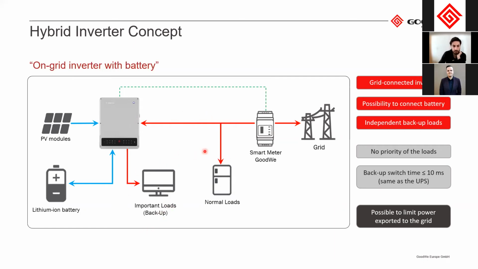The normal one you connect exactly like a grid tie inverter, so it goes directly to the grid, and you can connect any loads to that one. To the other one, you can connect important loads that can also be powered by the battery and the PV modules when the grid is off.